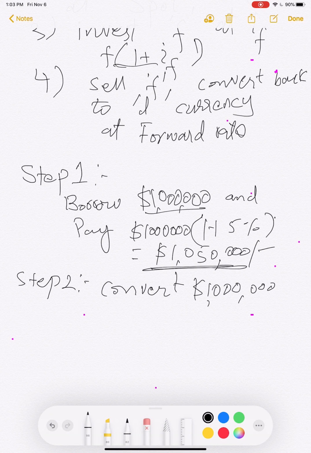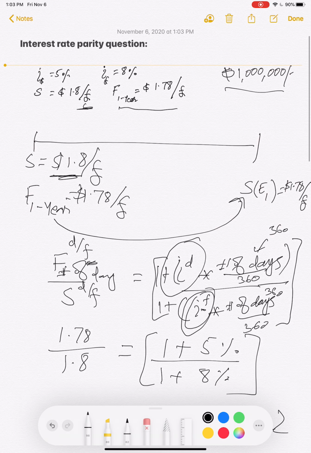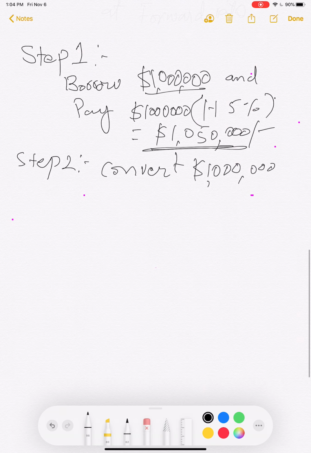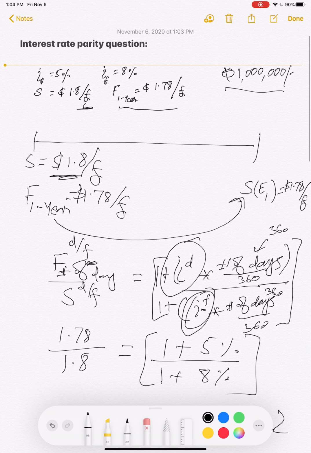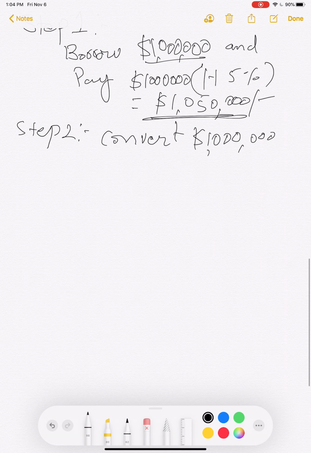You can see the spot rate is 1.8 units of dollars to buy 1 pound, because we actually have the dollars in hand. In order to convert to pounds, we need to take its reciprocal, so 1 divided by 1.8, and whatever answer we get, we multiply it with this 1 million.